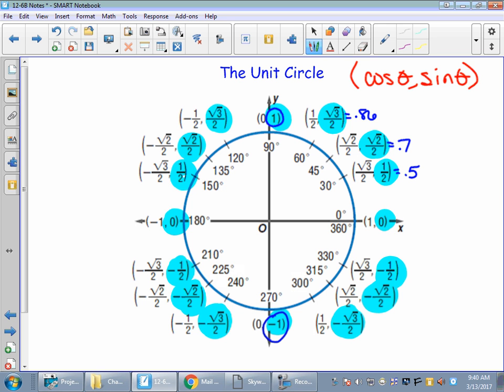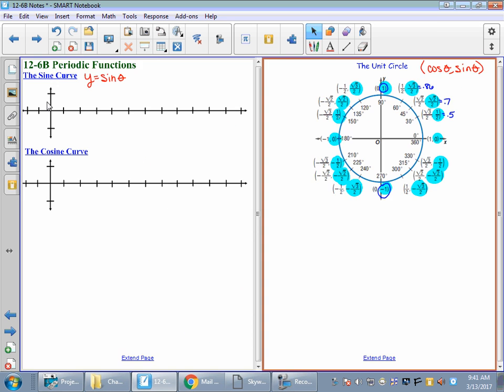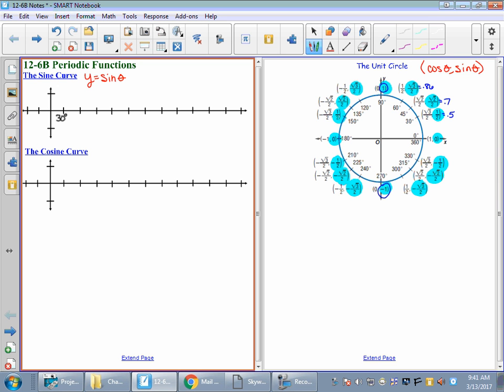So when I go back to the other screen, I'm actually going to split my screen here, and I want to see both of these values. When I go around, I want to label my scale in 30-degree increments. So 30 degrees here, 60, 90, 120, 150, 180, 210, 240, 270, 300, 330, and 360.